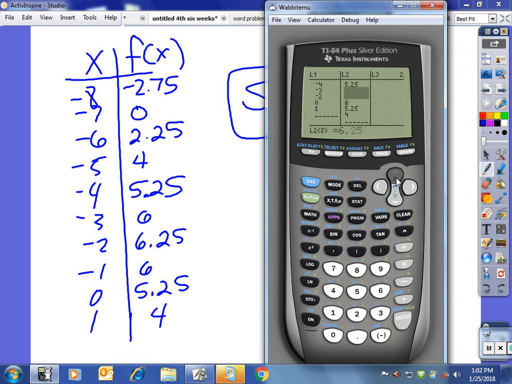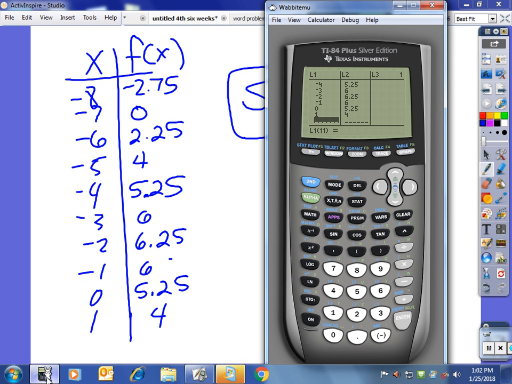See, look what I just did. Negative 4, 5.25. Negative 3, 6. Negative 2, 6.25. Oh, wait, I left out negative 1, 6. And then 0, 5.25. And then 1, 4. There's 2 6s on the points.